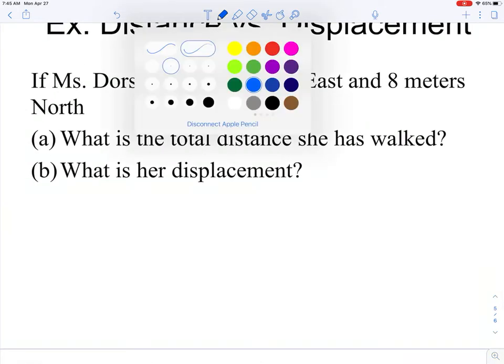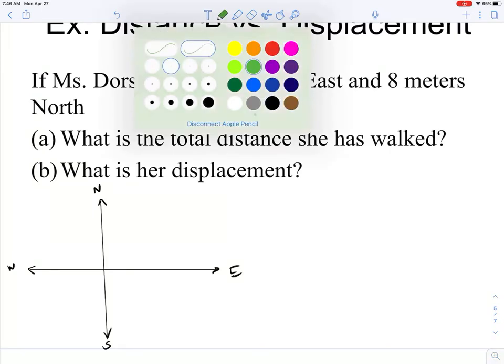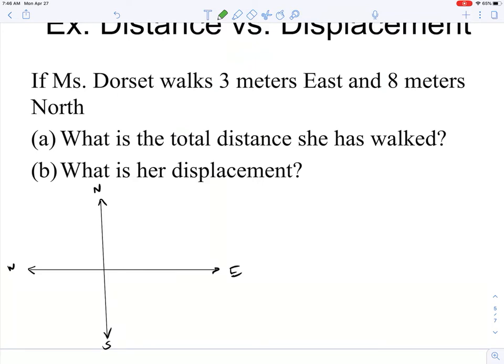Okay, let's look at the next example. So if Ms. Dorset walks 3 meters east and 8 meters north. Let's draw the picture. Okay, so I'm going to use different colors for the different vectors.